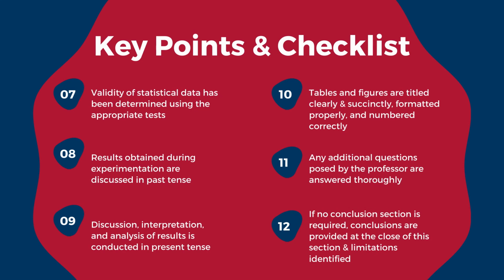If you present any statistical data, be sure to confirm the validity of these results using the appropriate tests. Results obtained during experimentation should be discussed in past tense, while the interpretation and discussion of those results should be conducted in present tense.